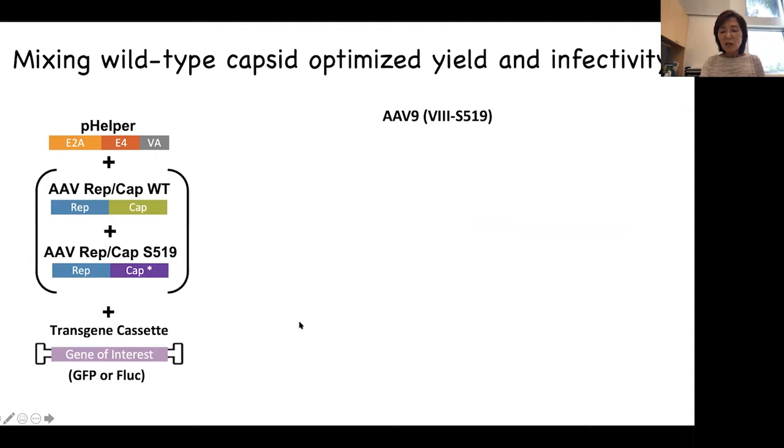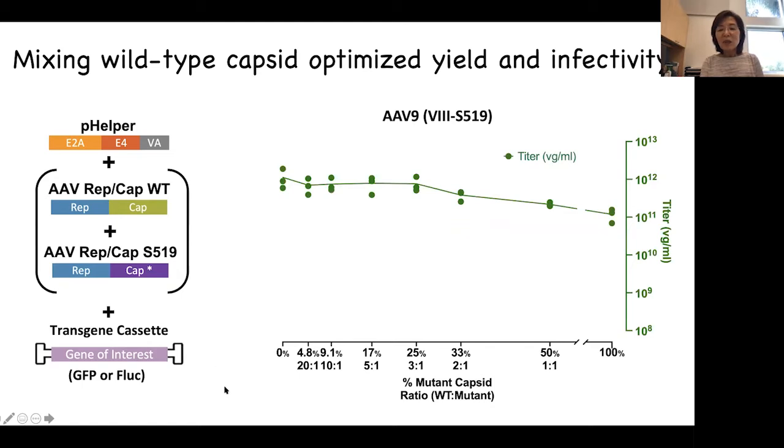Cody Jackson, who helped with my computer, is the one who led this project. He tested various ratios, and at 100% mutant capsid, as you can see, the yield dropped by tenfold.